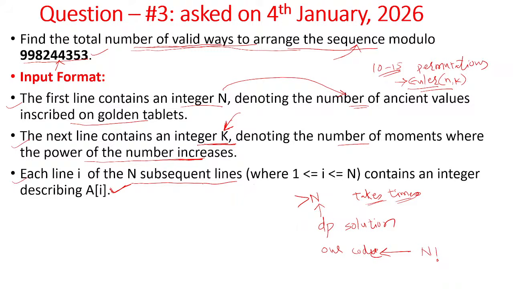Imagine n is greater than 1,000 or 10,000. Then n factorial permutations, all stored as tuples in a permutations variable.